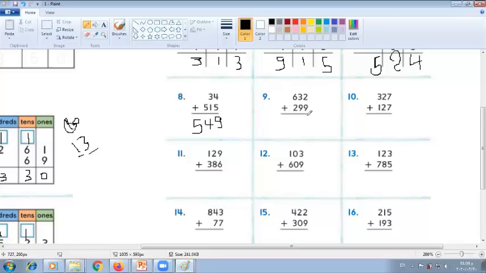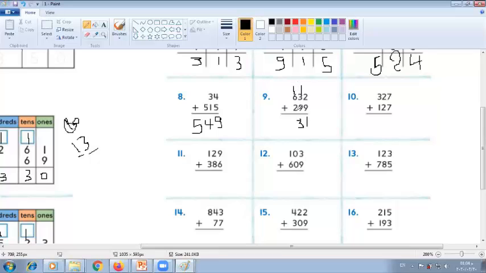2 plus 9 equal, good job, 11. Put the ones in here and the new 10 with the tens. 1 plus 3 equal 4. 4 plus 9, good job, equal 13. So I'm going to put the 3 tens in here, and the 10 tens will make a new 100.